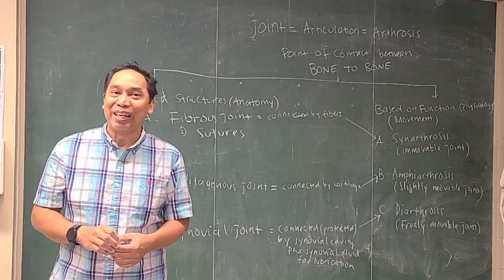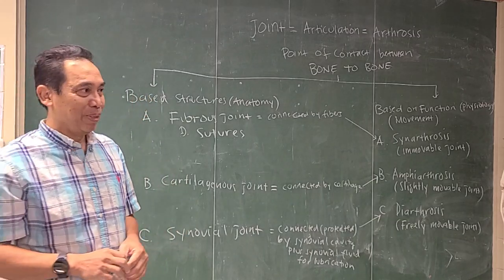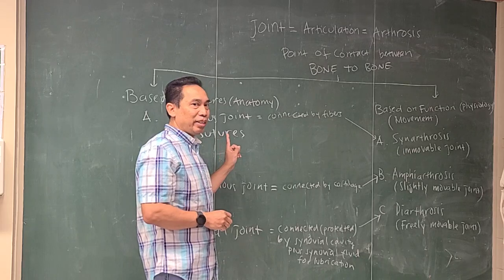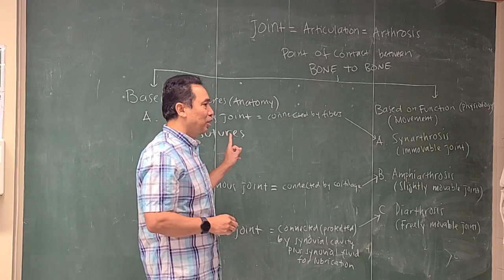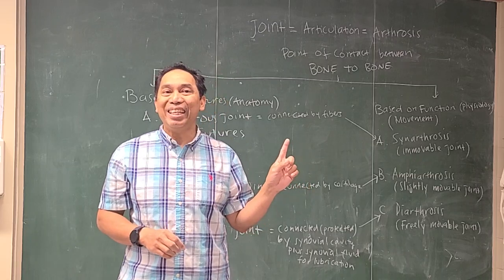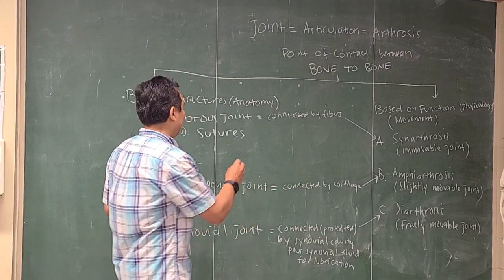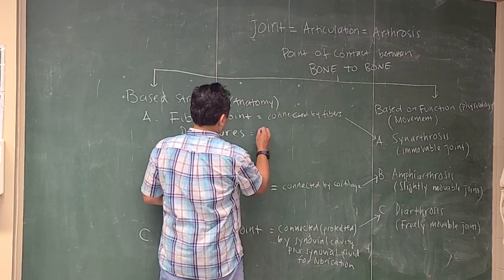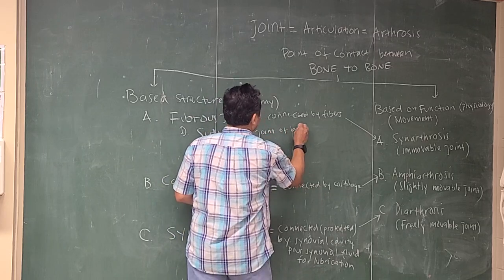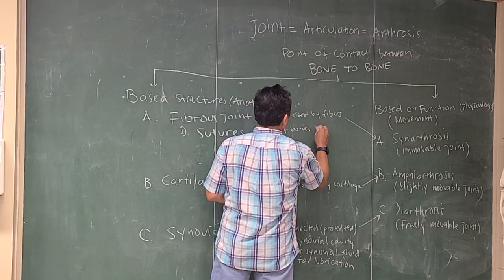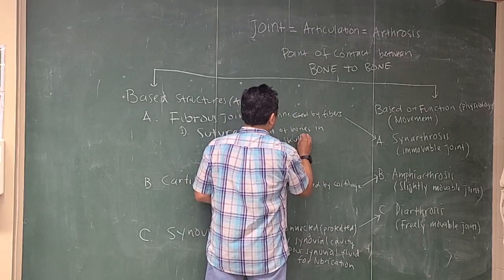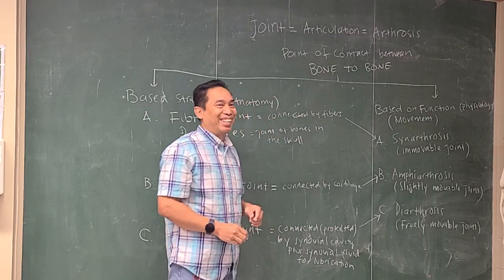That's the name of the first type of fibrous joint. What is suture? Suture is a joint between bones in the skull.